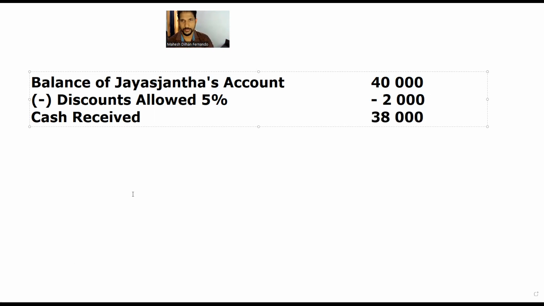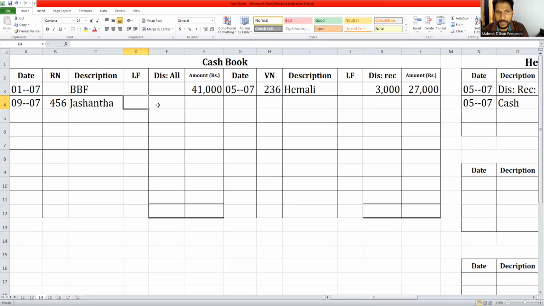Discounts allowed 2,000, cash received 38,000, because this time they have given you the balance of Jayashanta's account. Let's record it. Discounts allowed 2,000. Amount received 38,000. Make the corrections if you have any.